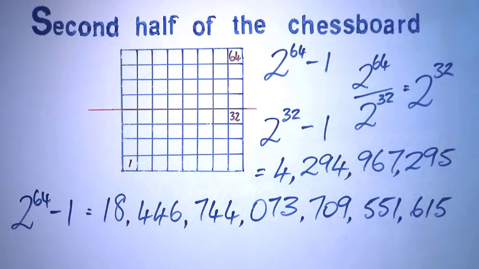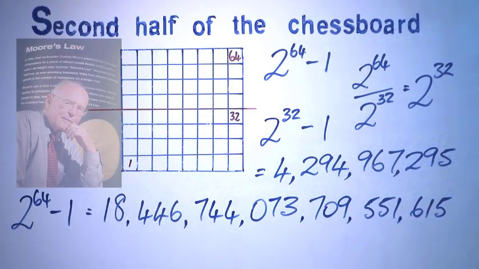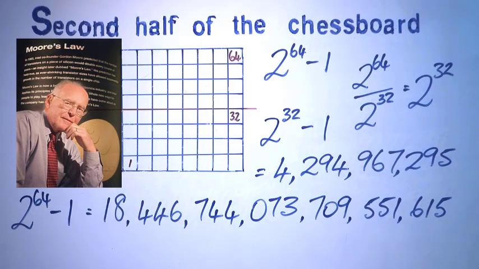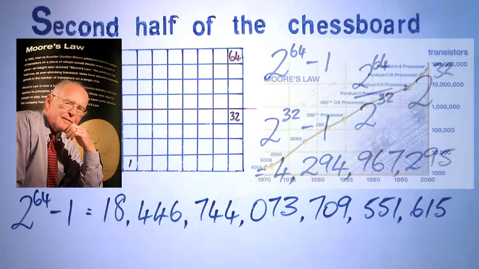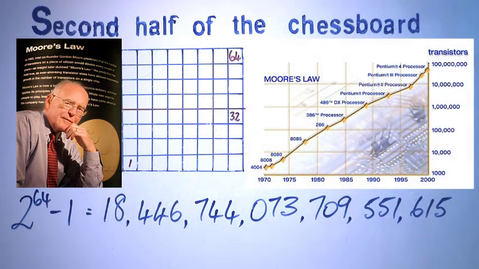A good modern example of exponential growth is Moore's law. In 1965, Gordon Moore of Intel predicted that transistors in a dense integrated circuit would double every year for the next 10. It turned out to be true, and for subsequent decades, Moore's law, as it became known, was true for every period of about 18 months.